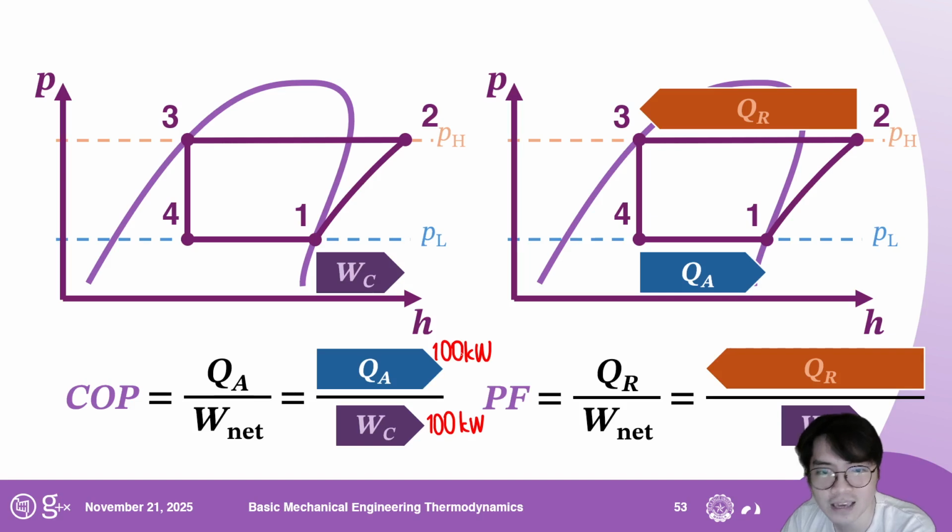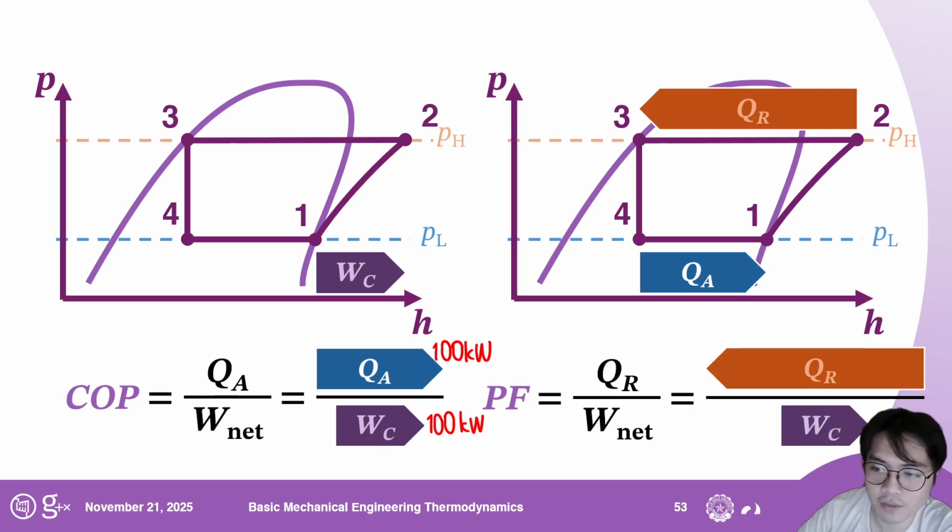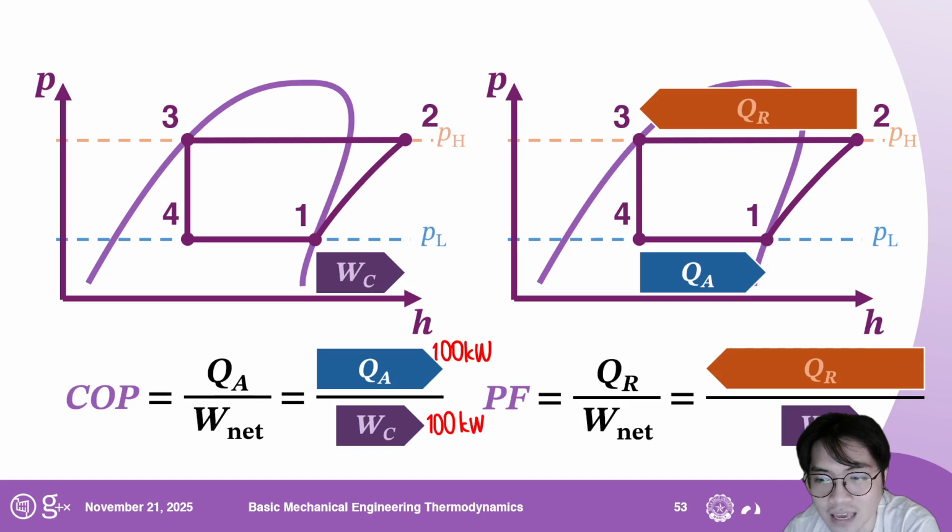And PF is also around the same value. It's a little bit higher, of course, and we'll discover why that is later. But you want your COP to be as high as you can. Your first reaction might be a little bit of confusion, because the version of this for power cycles is always going to be less than or equal to 100%.